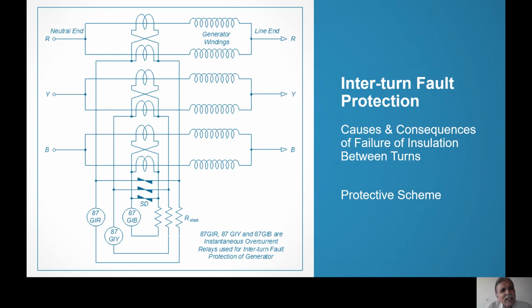Now try to understand that even if two conductors of the same phase are in the same slot, it will not be the first conductor and the 10th or 11th conductor. It will be the first conductor and the third, or the first and the fourth. So the current in that parallel path will increase.